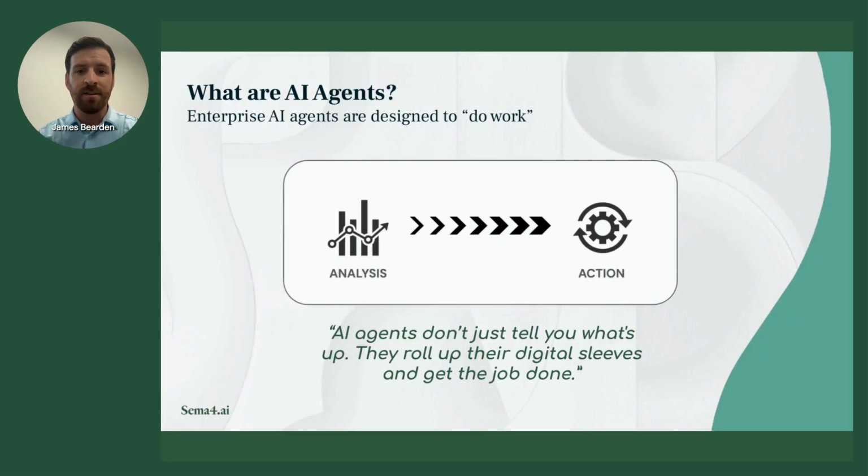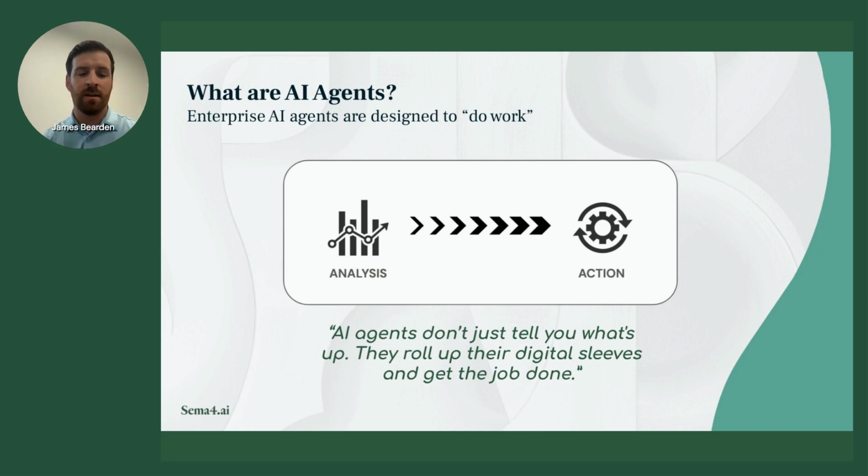But to get to the real meat, I wanted to just open up quickly with a recap on what are AI agents and what is all this buzz about in the market. We've gotten the really unique opportunity to talk to a lot of customers here in the field at Sema4. And agents and the rise of LLMs, as Lewis was talking about last week, have given us a really unique opportunity to go from a lot of these automation trends that are focused on either task automation or high-level analysis, and really be able to bridge that gap to take analysis all the way to action.